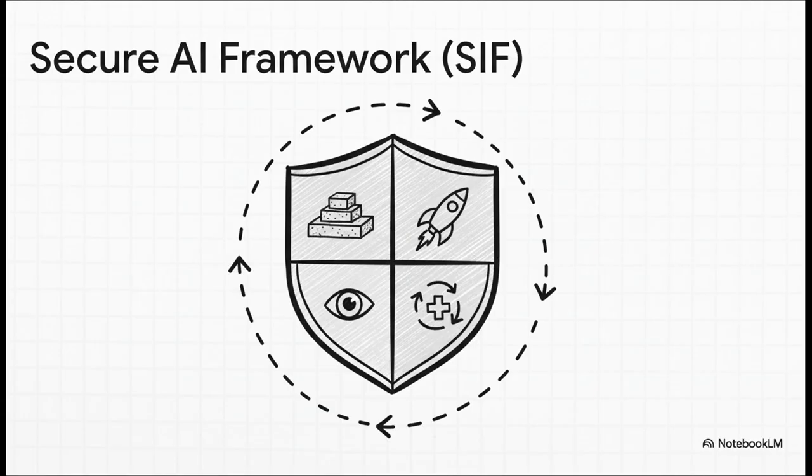And finally, let's touch on Google's Secure AI Framework, or SAIF. Now, you don't need to be a security expert, but as a leader, you do need to get that security isn't just one step. It's woven into the entire AI lifecycle, from the foundation to development, all the way to responding to incidents. Knowing these pillars just shows you understand the big picture of AI governance.